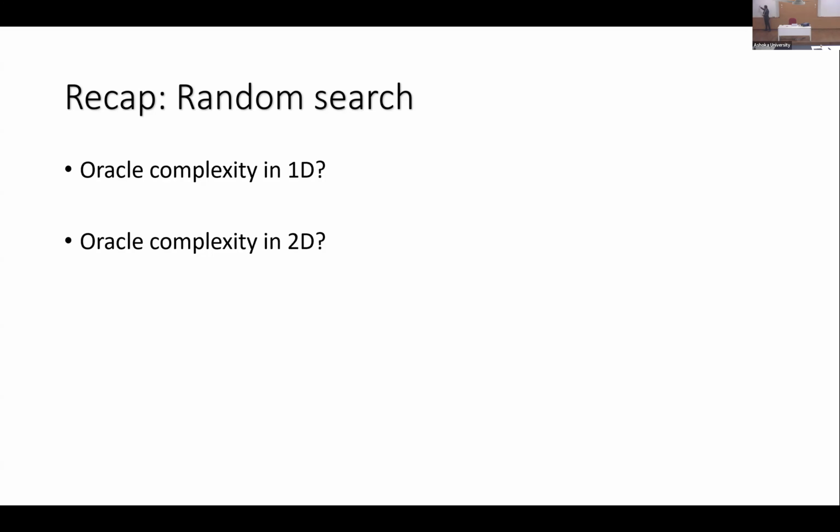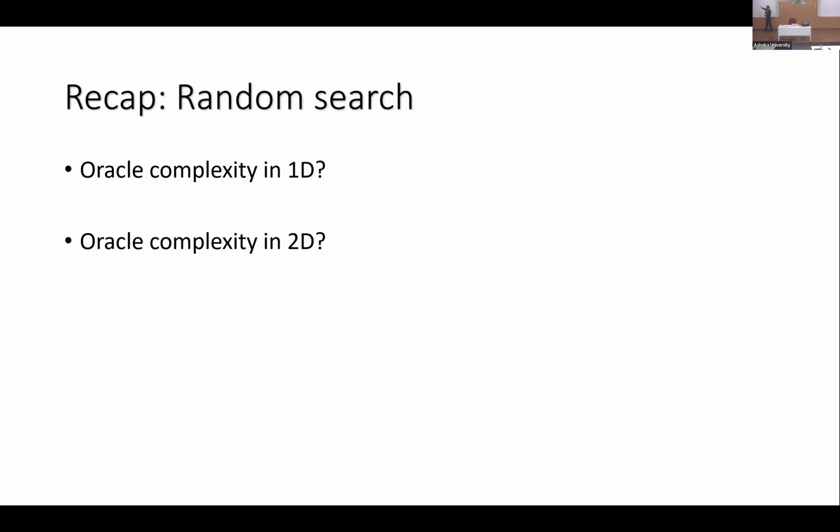And if I were to do random sampling, what is the probability that I'll end up here? It's 2 epsilon only, because we are choosing uniformly at random. So 2 epsilon is the probability that I end up here. So how many samples do I need to ensure that I do end up here? 1 by 2 epsilon, right?